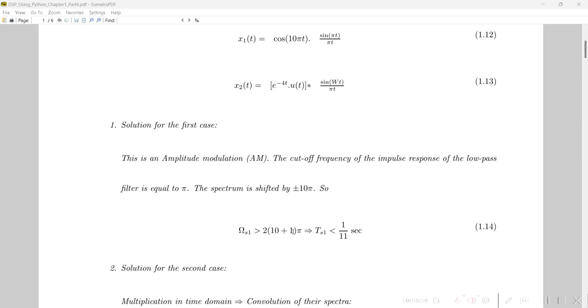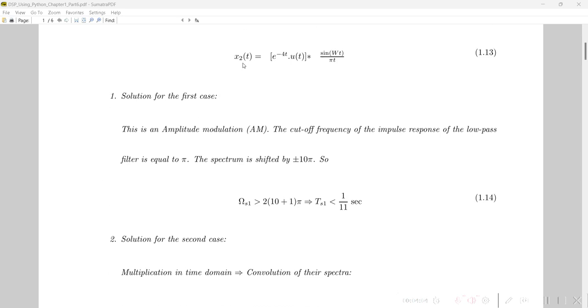Altogether, 10 plus 1, 11 pi, times 2, twice the aforementioned bandwidth. Okay? It's related to radial frequency. So, sampling time needs to be less than 1/11 second. Very simple example.